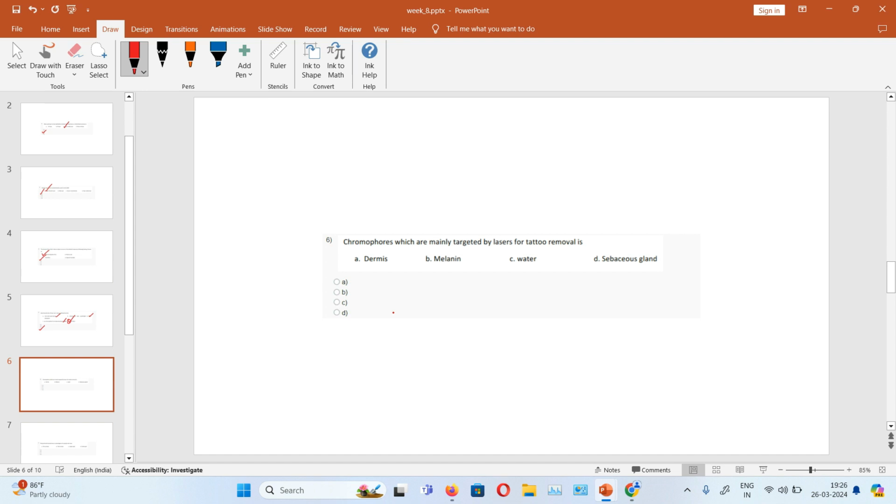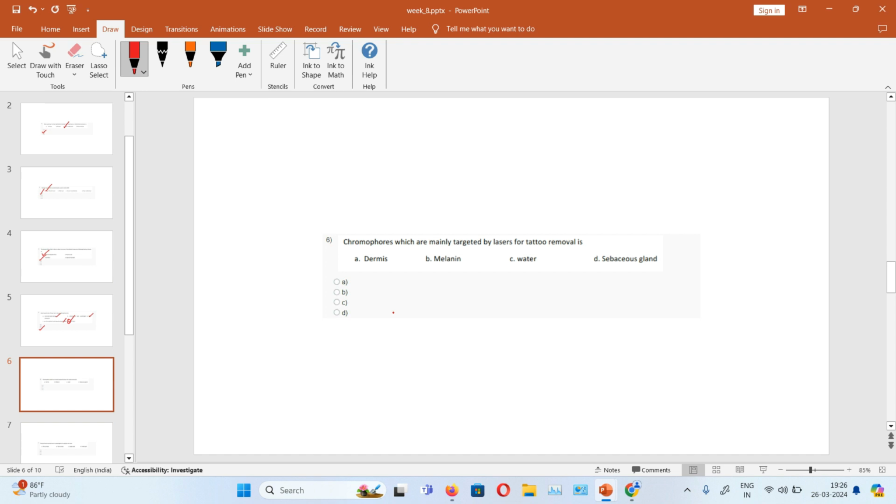Actually, we want to target the chromophore. In that layer we have the coloring pigment for our skin. It's called melanin. So for tattoo removal, this laser will consider that as the target chromophore.